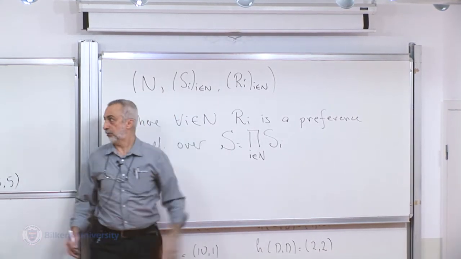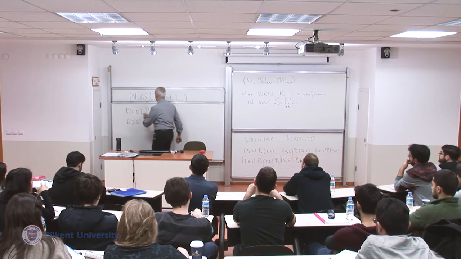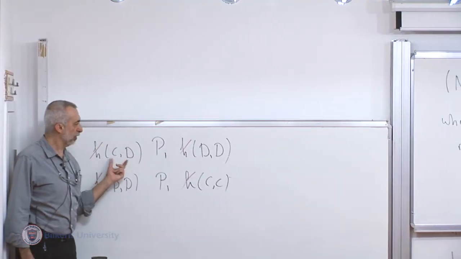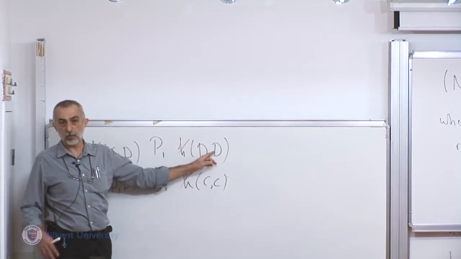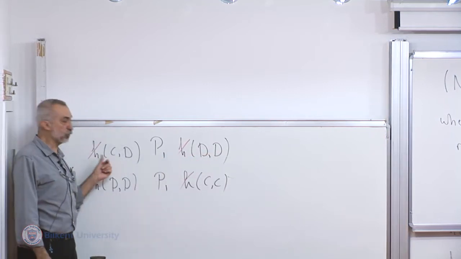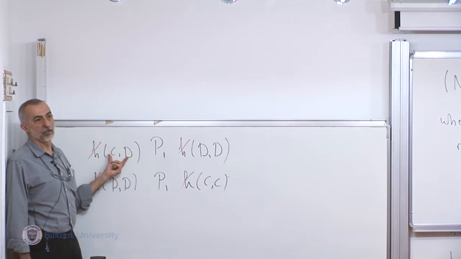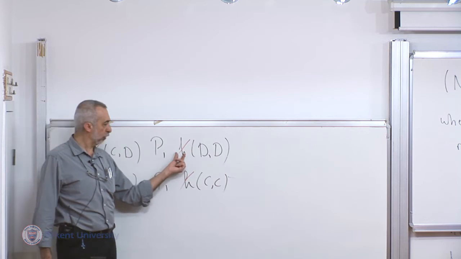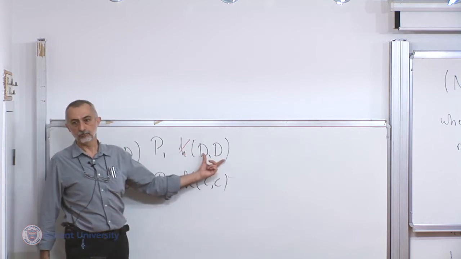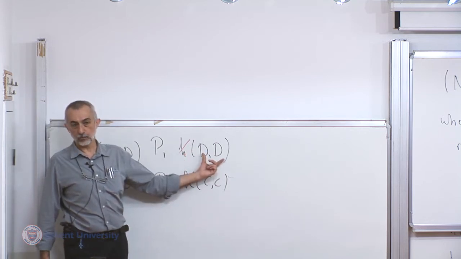Well, then Ri would be, I would say, the strategy profile CD is preferred by agent 1 to the strategy profile DD, which is what I actually mean is the outcome induced by CD is preferred by agent 1 to the outcome induced by DD. Okay? So far so good? Any questions?